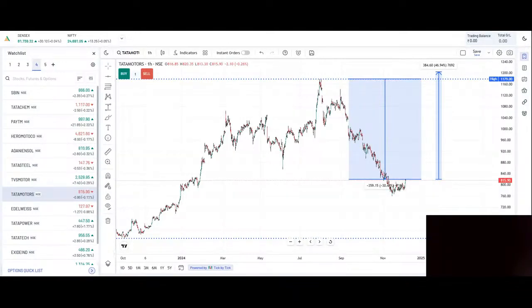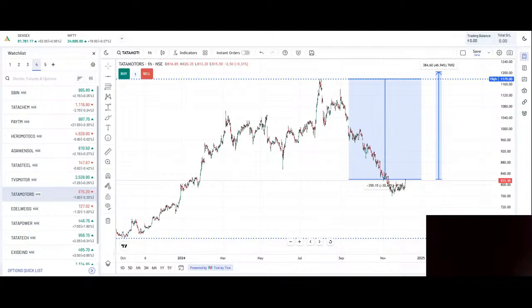Asian Paints is now available at a discounted price of 32%, because it is down from its high of 3567 to 2423. It's at a discounted price of 32%.